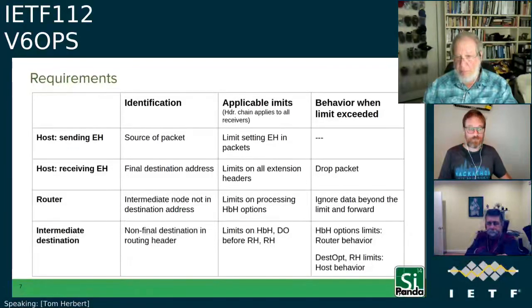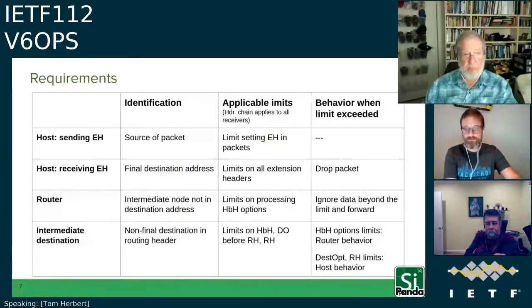End hosts, though, pretty much expect to process all the options and perform the correct behavior. So if a hop-by-hop option does say to drop, it would drop it. There's another interesting use case that we're finding is becoming more prevalent.